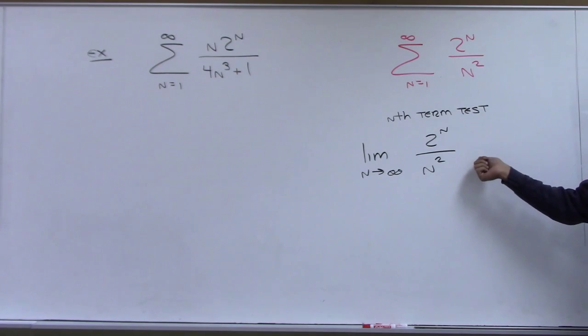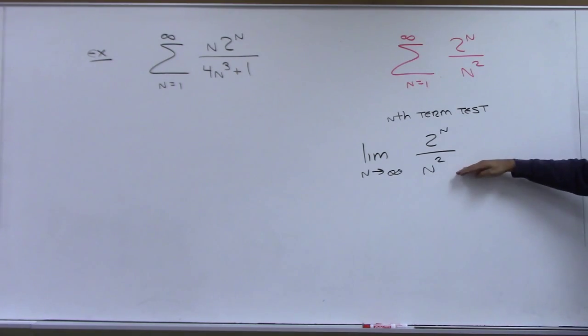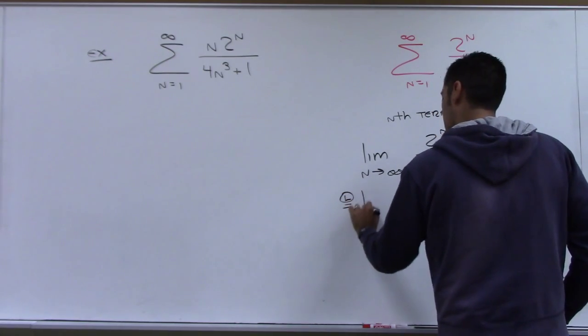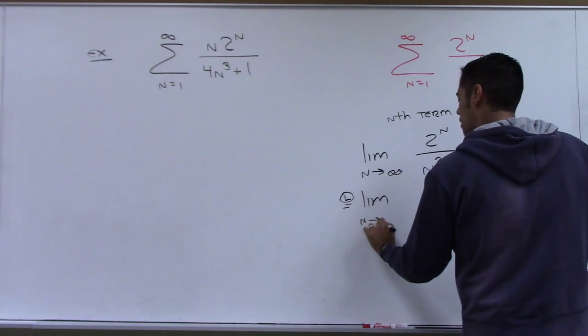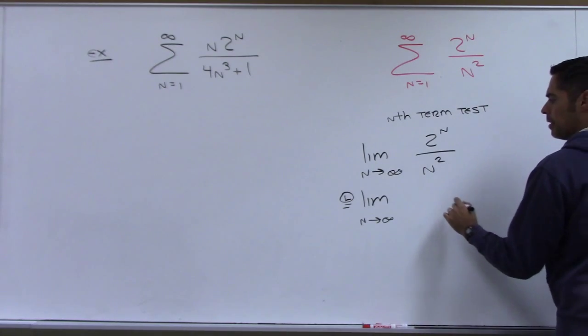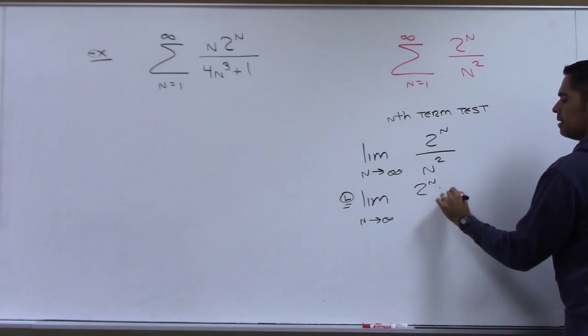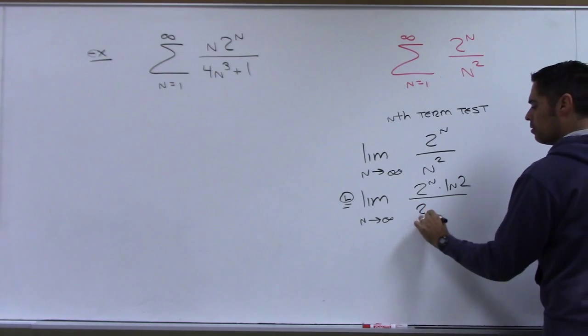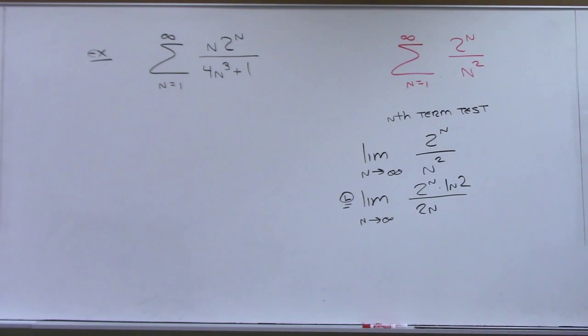So it's infinity over infinity. We do L'Hopital one time. Derivative of the top, 2 to the n ln2. Derivative of the bottom, 2n. Still have infinity over infinity. Do it again.